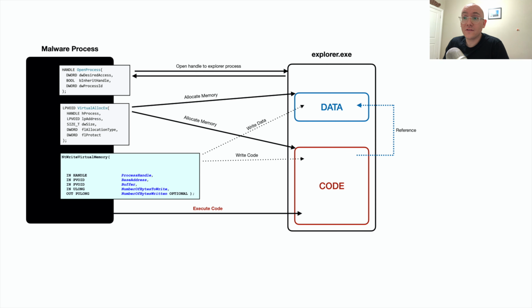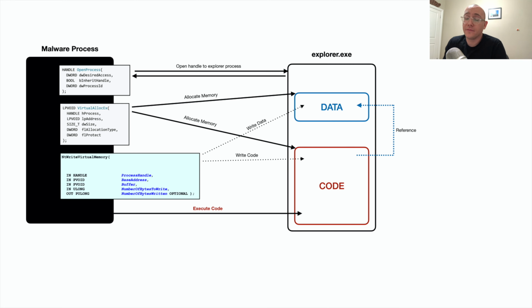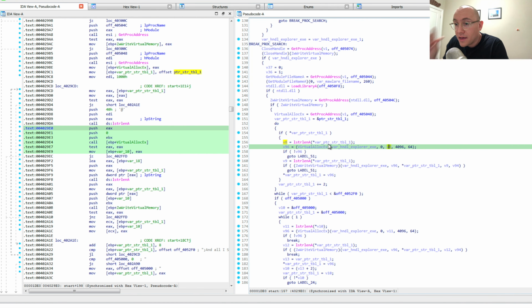So what this means is our reversing is going to be a little bit more difficult than just a straight up analysis of the code, because we are going to have a lot of memory references in the code. So let's see what they're doing here, but we'll keep that in the back of our mind that we might have to create some pointer tables or some structs. Okay, so they're creating that memory in explorer.exe.